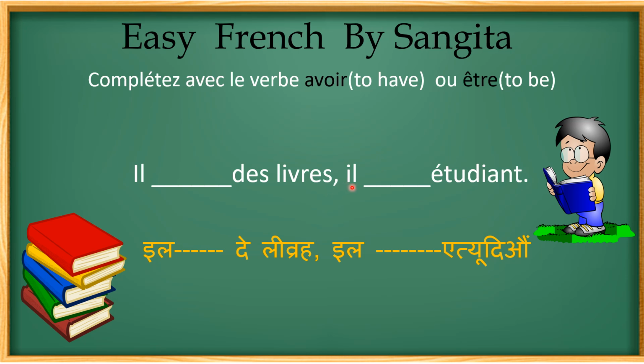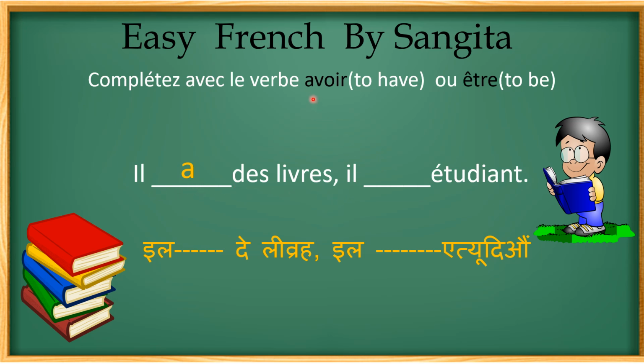So is it he has some books or he is some books? He has some books. So the conjugation of avoir. Il a des livres means he has some books.